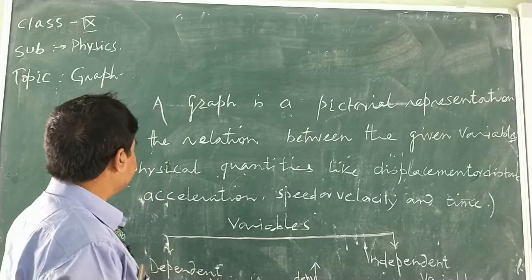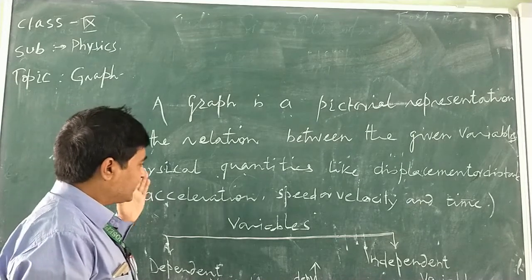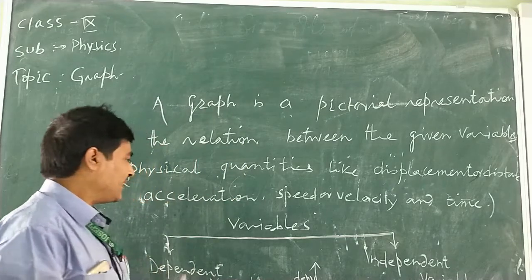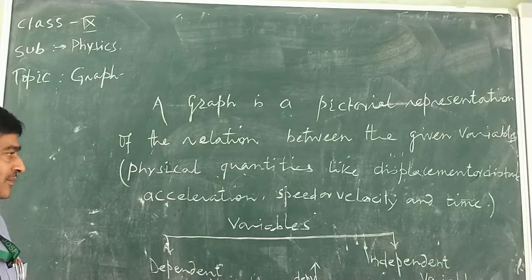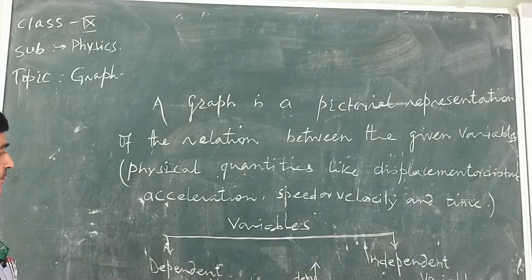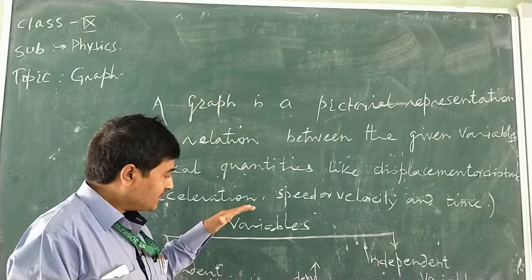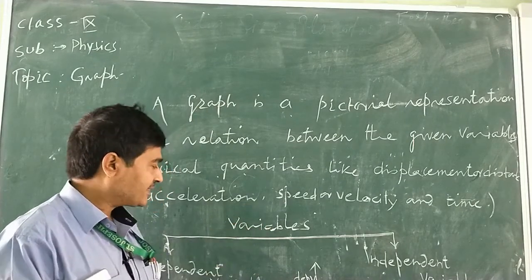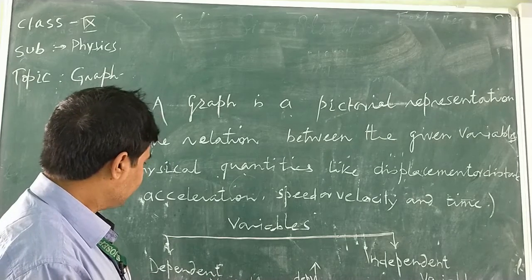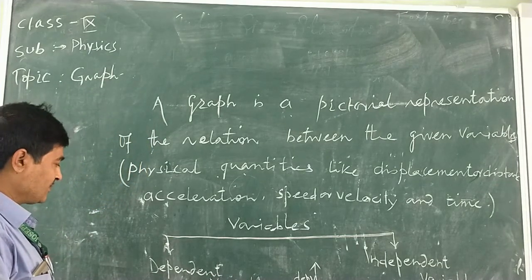Given variables means displacement or distance, speed or velocity, acceleration and time. It is convenient to know which variable may be taken on x-axis and which on y-axis. For this there is a convention made.